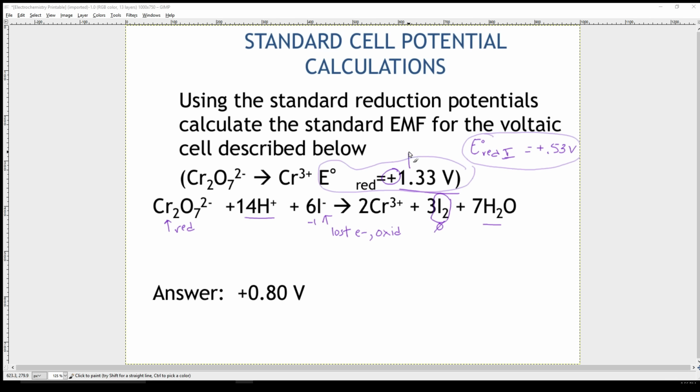So in that case, it is 1.33 volts minus a positive 0.53 volts, and you'll come out with plus 0.80 volts. So is this process thermodynamically favorable? Yes, it is, because it is positive. So really the trick is figuring out what's being oxidized and what's being reduced. Once you can get over that hump, then you're good.